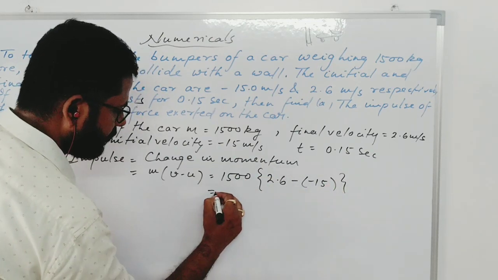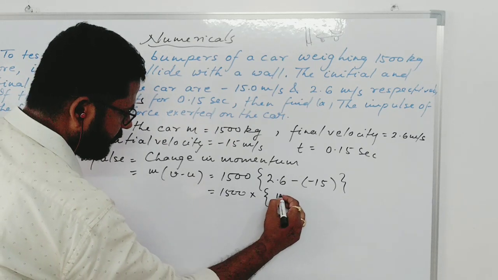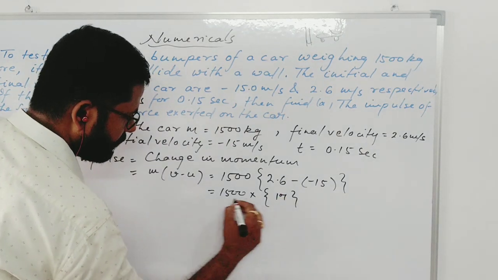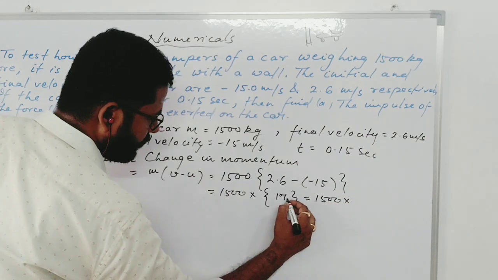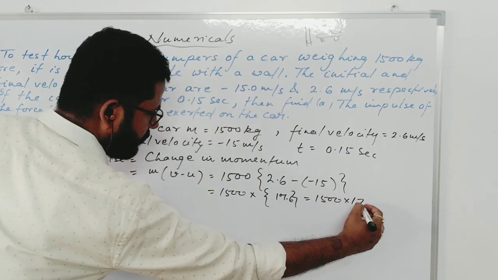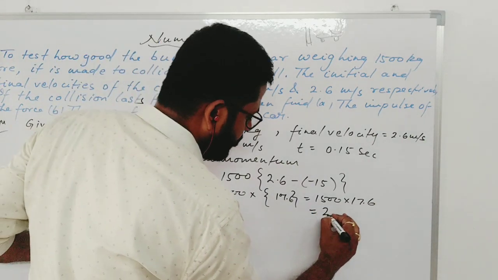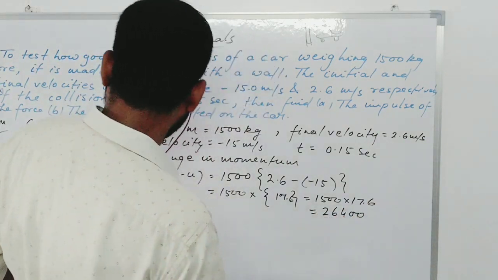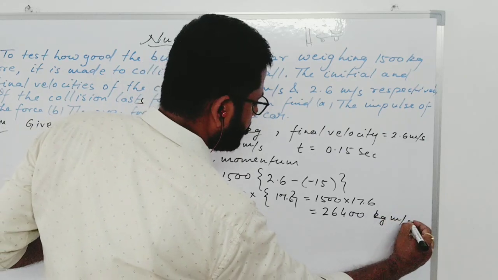This is equal to 1500 into, in bracket, 17, sorry, 17.6. When you multiply this, it will come 26400. That is impulse, so kg meter per second.